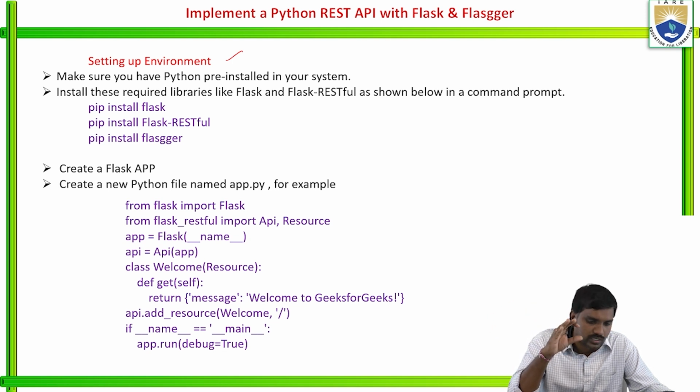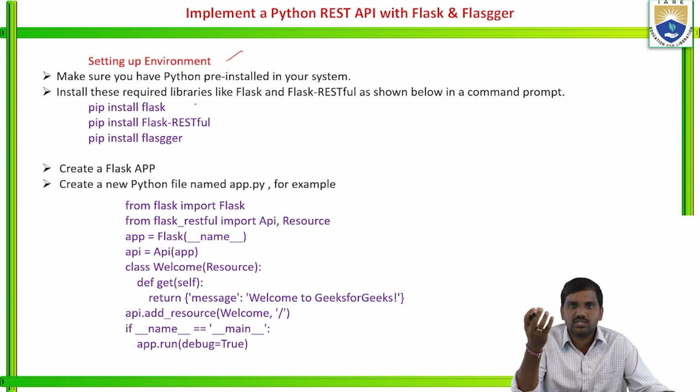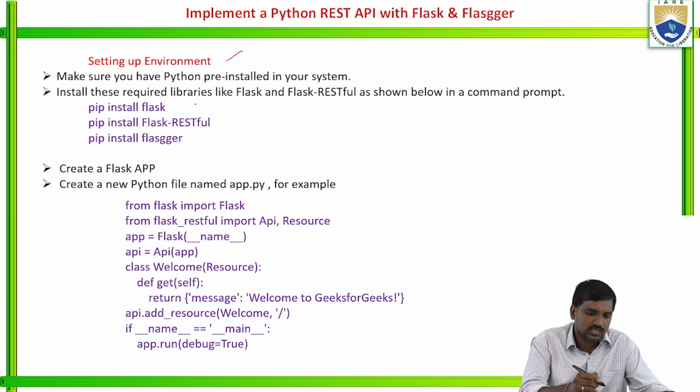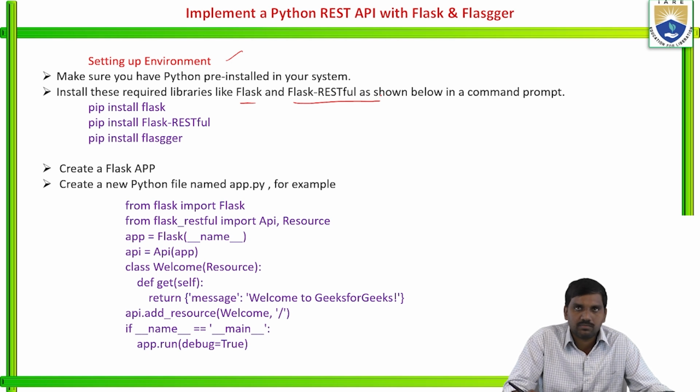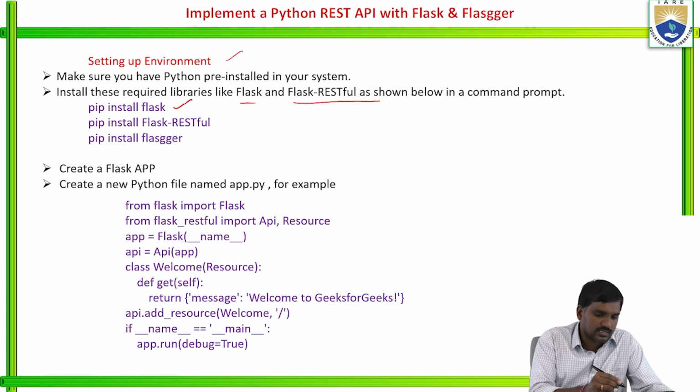Make sure Python is pre-installed in your system; it is compulsory to install Python. After that, install the required libraries, whatever libraries are required for executing the program. You have to import all the libraries from the source. Libraries like Flask-RESTful are installed as shown in the command prompt below: pip install Flask, pip install Flask-RESTful, and Flasgger.